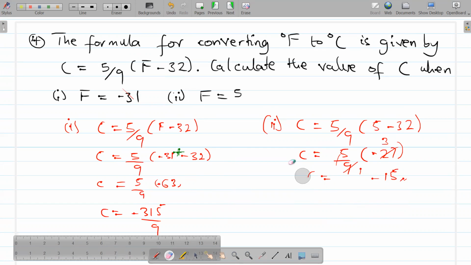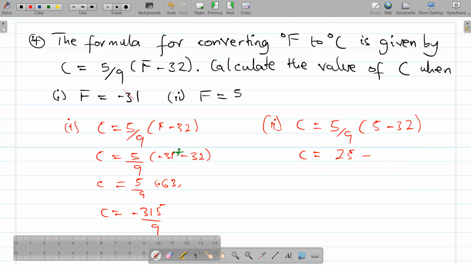Okay, let me clean this and look at your steps. So you did 5 by 5, which is 25. 25 minus 32. Sorry, you need to multiply the 5 by the 32. 5 by 32, yes.